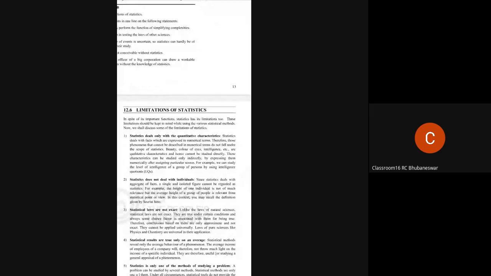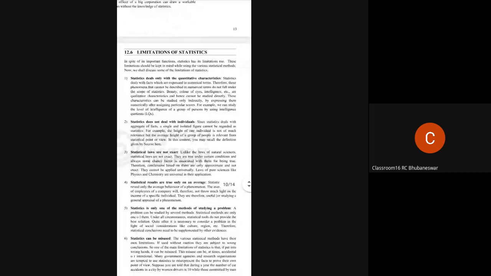So statistics, as I told you, only deals with quantitative characteristics. There is no place for qualitative data. Statistics does not deal with individuals. It is a group study. Whatever analysis and interpretation is conducted, it is for a whole population, not for an individual.